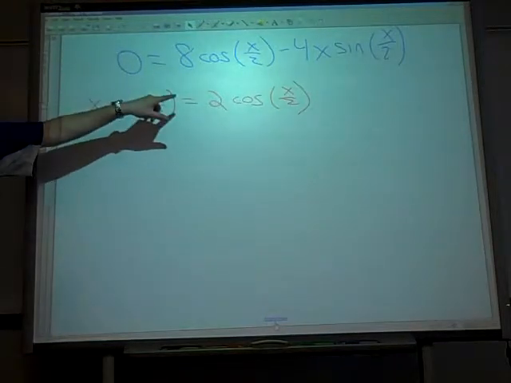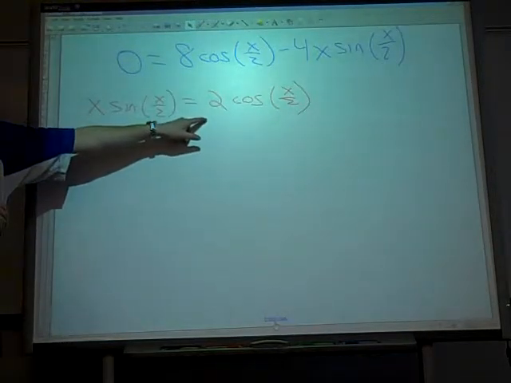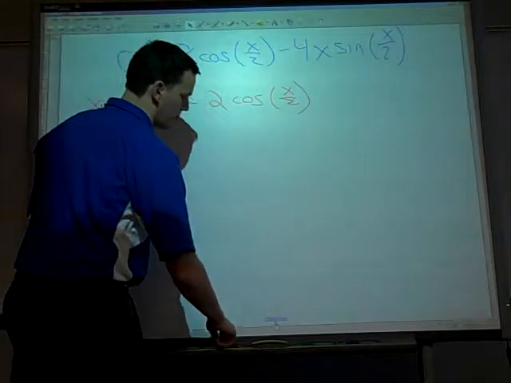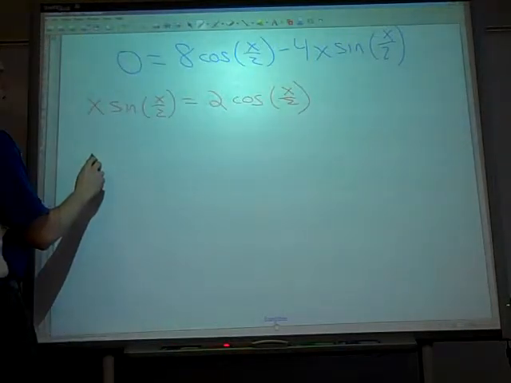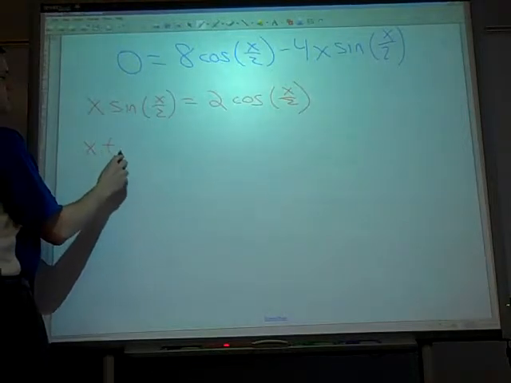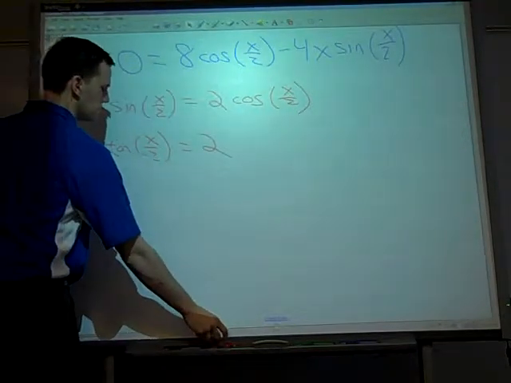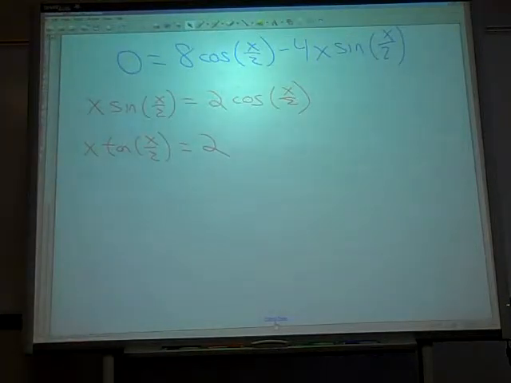Yeah, we divided by 4, so the 8 turned into 2. Move it over. Maybe we even want to simplify this and say x times the tangent of x over 2 equals 2. I don't know if that's going to help us though, is it?